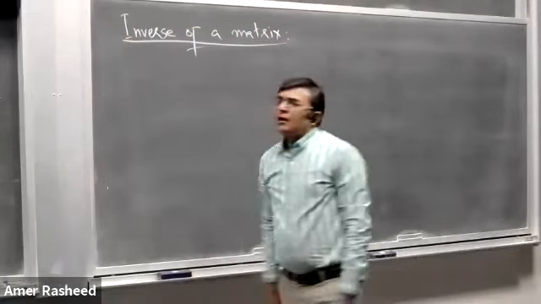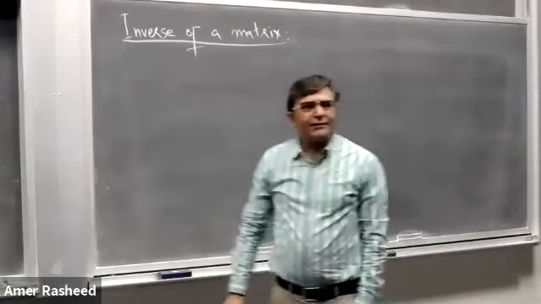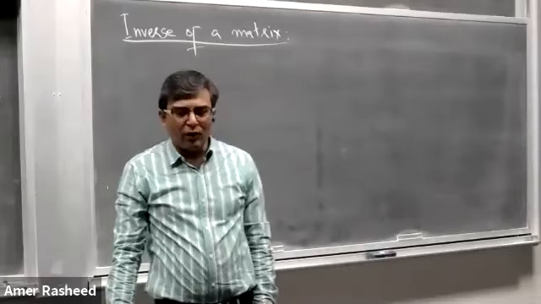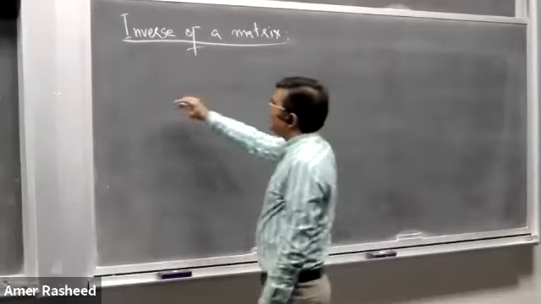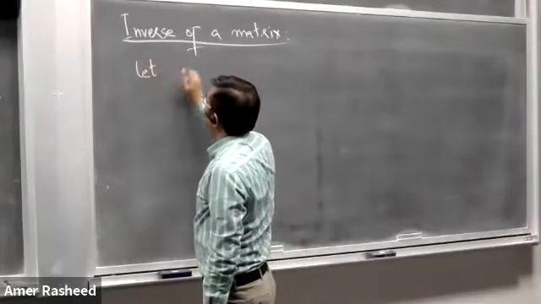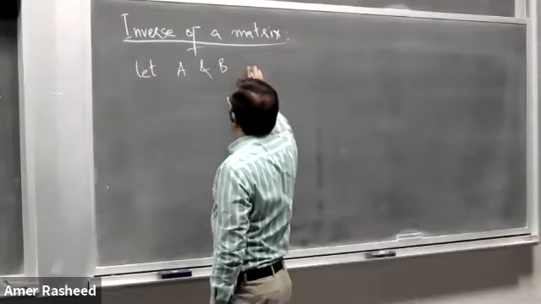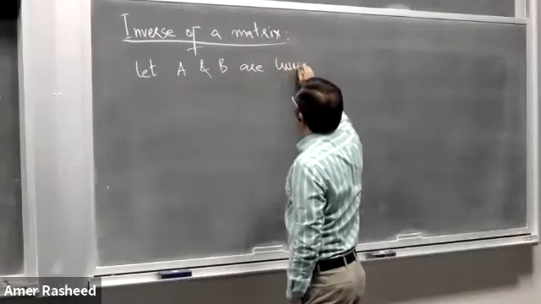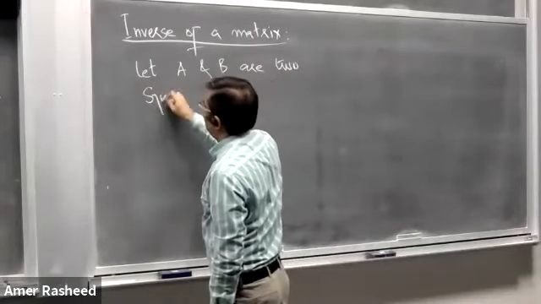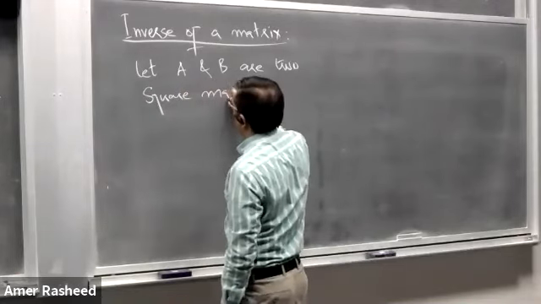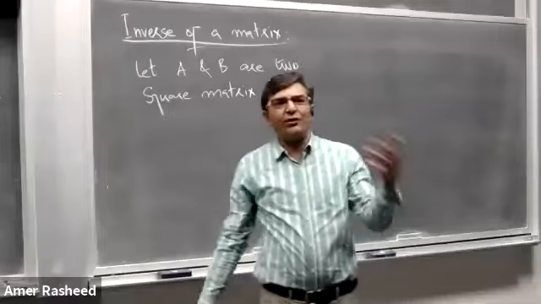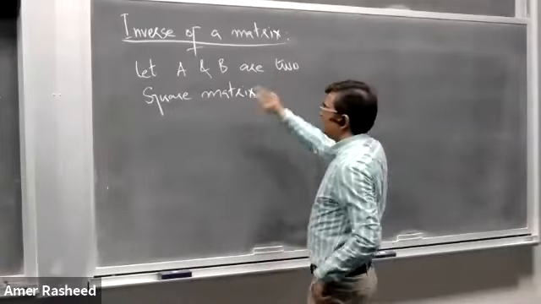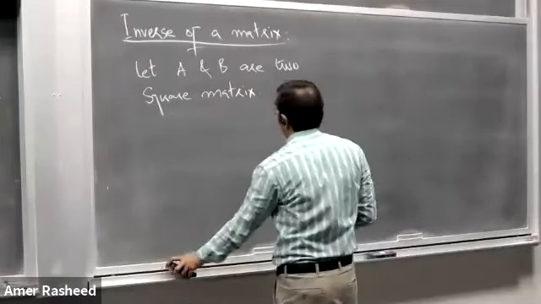If we have two matrices, we have 5 to 6 minutes. Let's discuss things. Let A and B be two square matrices of the same order.